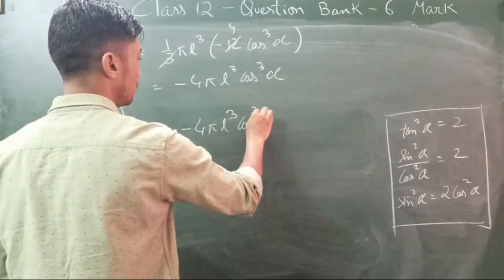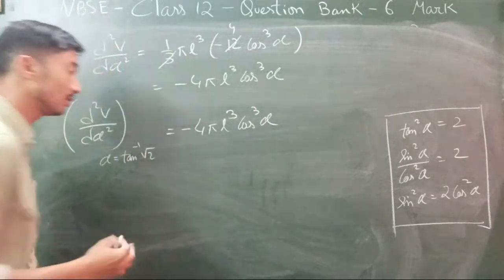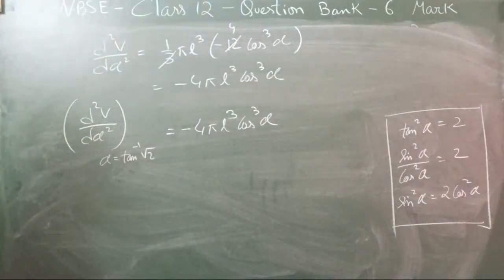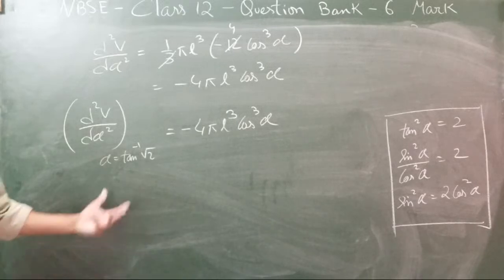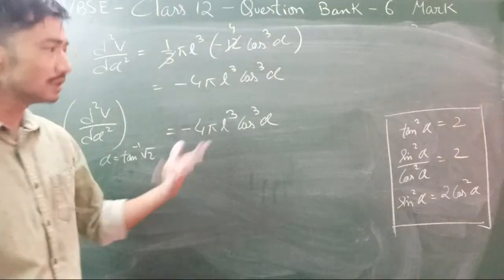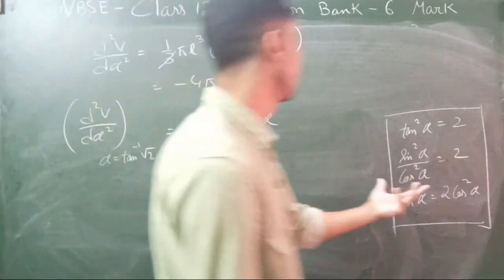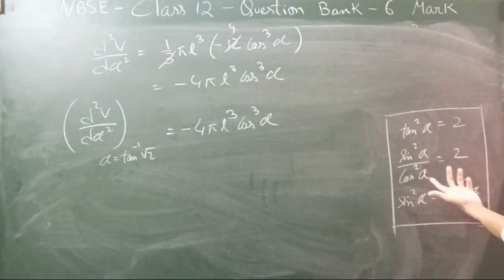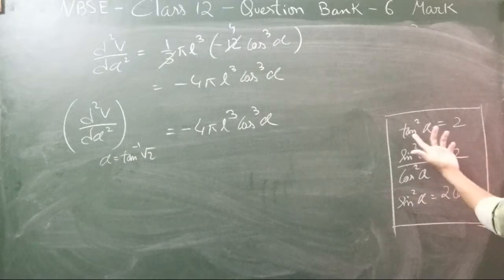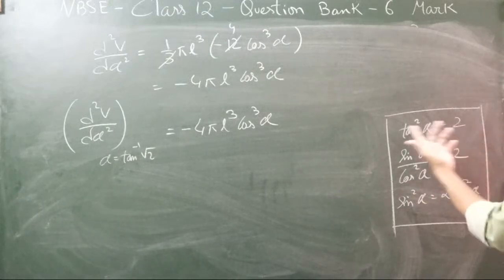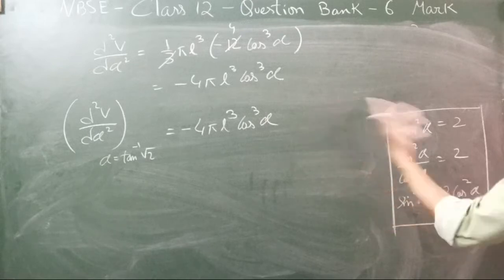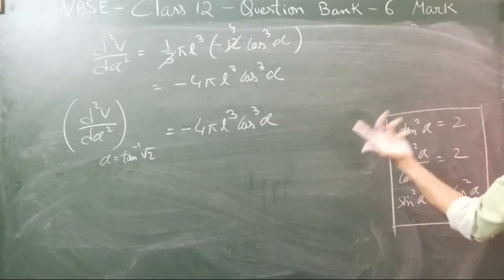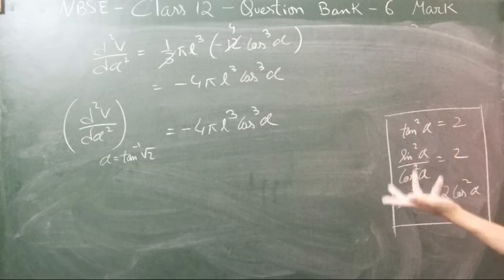We just have to see to it that this remains negative value only. You're not supposed to expect it to solve and find out. So at alpha equal to tan inverse root 2, or there are other ways to solve also if you wish. You can use any one of these equations, that is cos alpha, or tan square alpha equal to 2. Substitute and solve, you will get the answer.